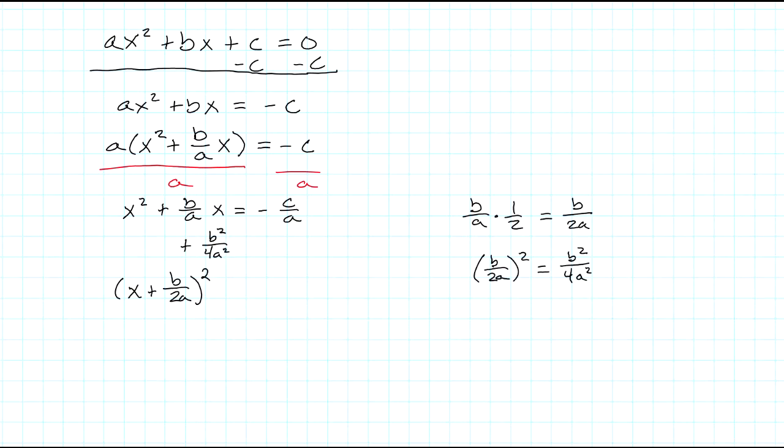When we complete that square, we need to do the same thing to the right side, plus b squared over 4a squared. So when we complete the square, we get x plus b over 2a, quantity squared, equals b squared over 4a squared minus c over a.